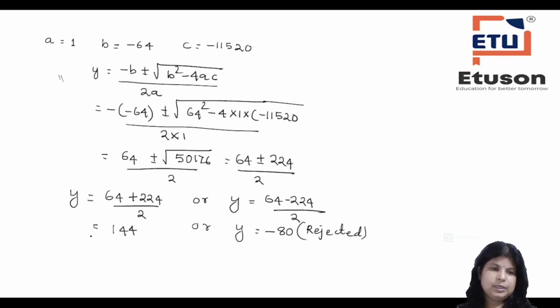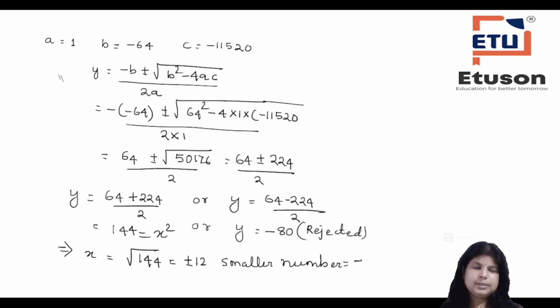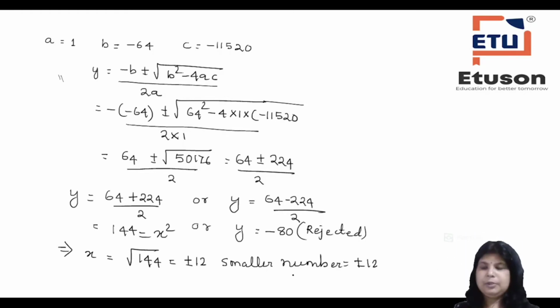So what is your y? Y is considered to be x square. Then what will be your x value? So x is equal to square root of 144, that is plus or minus 12. So what will be your smaller number? Your smaller number is plus or minus 12. If your smaller number is plus or minus 12, then what about your larger number?